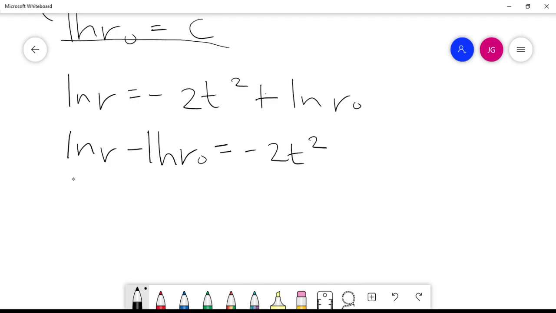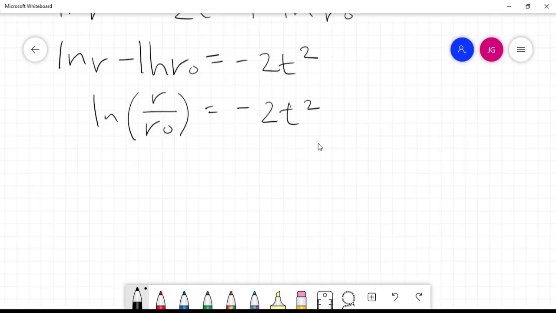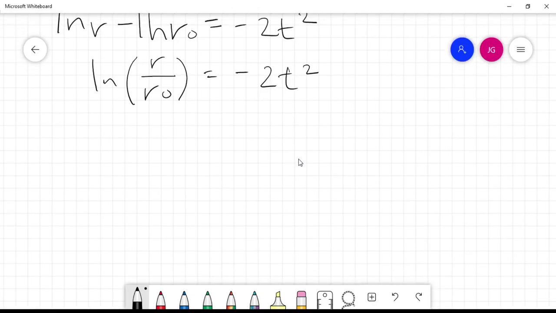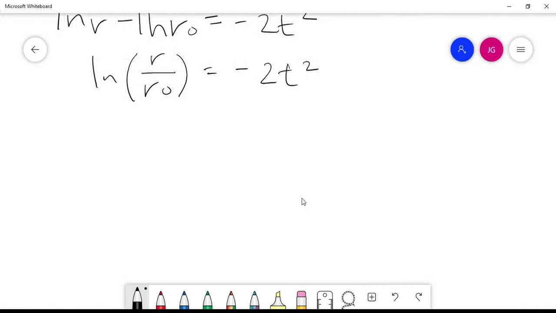Okay, we know nga atoan ni siyang magamitan og quotient rule, that is ln, then r over r0 is equal to negative 2t squared. Okay, after this one, kailangan nato siya gamitan og exponential form.